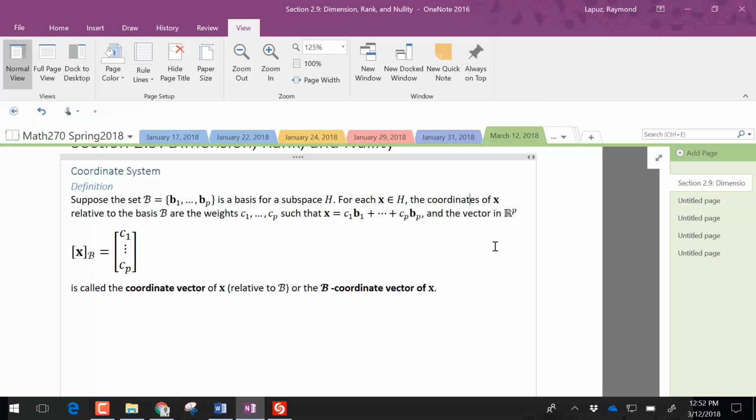So sometimes they write x in square brackets with a little subscript B. That's called a coordinate vector of x relative to the basis vectors B.